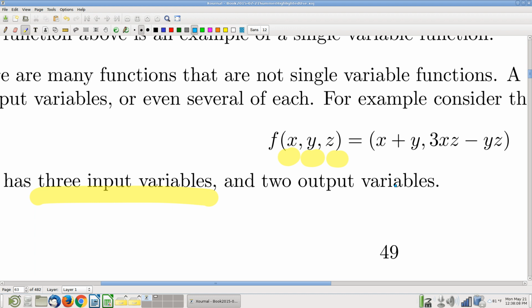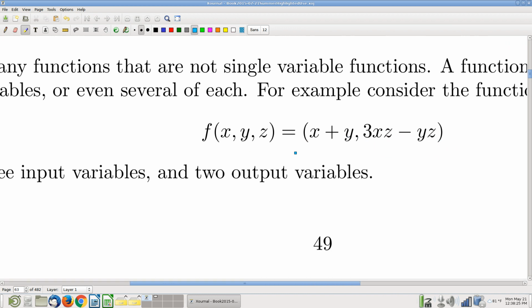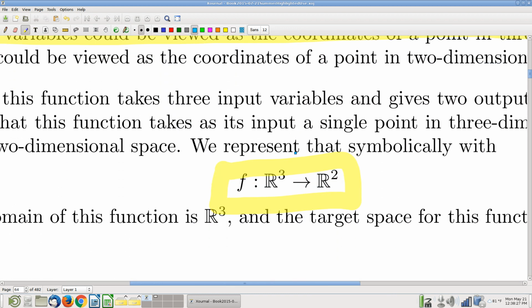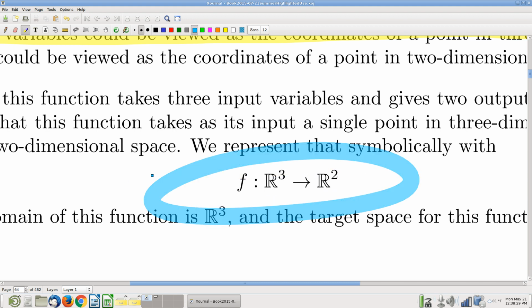So now we return to the idea of a single thing going in. It's not a number, it's a vector. So a 3-dimensional vector goes in, and a 2-dimensional vector comes out. With this in mind, there's a notation that we use to represent this kind of function. This is a function from R3 to R2.